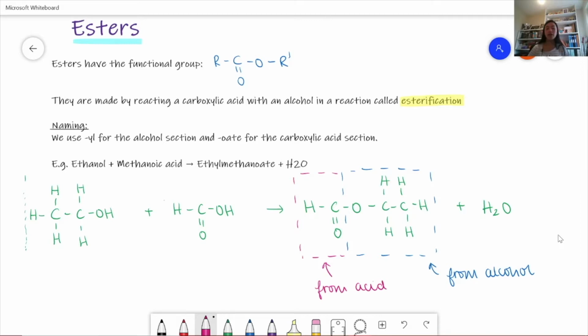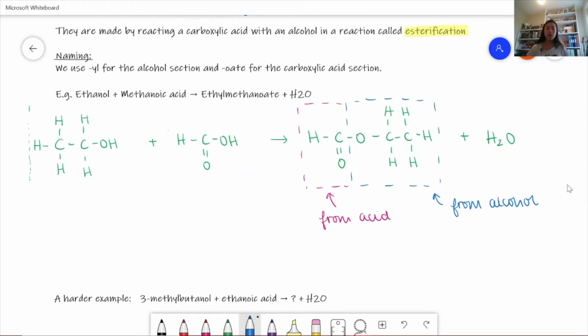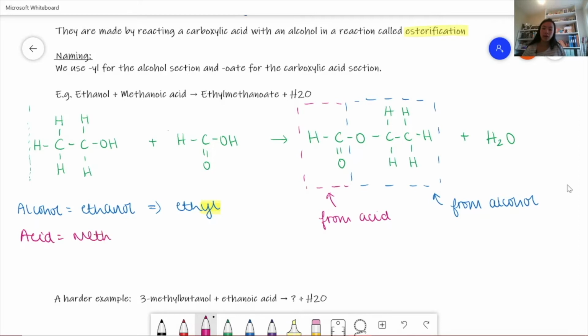And so again, the rule is that we use yl for the alcohol section and oate for the carboxylic acid section. And so what happens is that we have the alcohol section, so we have that the alcohol is equal to ethanol. And so this becomes ethyl because we're using the prefix of eth, and then we're using the suffix of yl. And then for the acid, so for the acid, we've got methanoic acid.